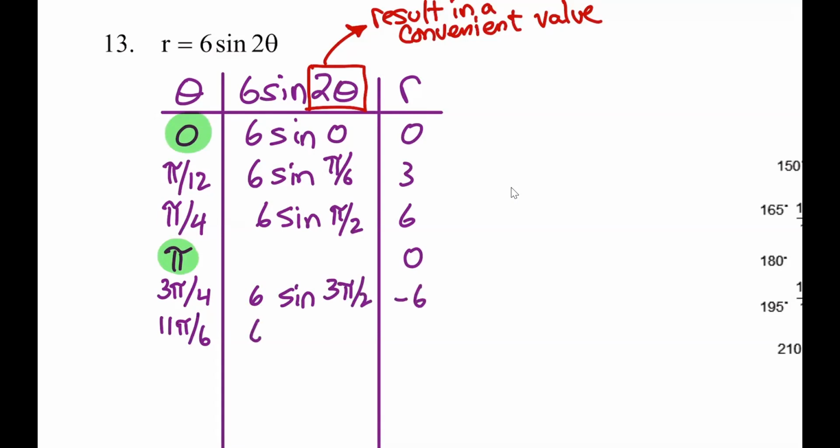And then 6 sine double 11. Oh, you know what I did? I knew it was going to happen at some point. I meant to put the 11 pi over 12 here so that it would become 11 pi over 6. All right, and so that's going to be a negative 3, because the sine of 11 pi over 6 is negative 1/2, negative 1/2 times 6.